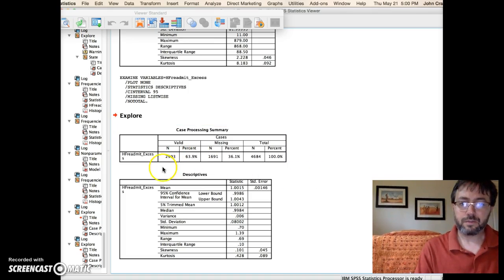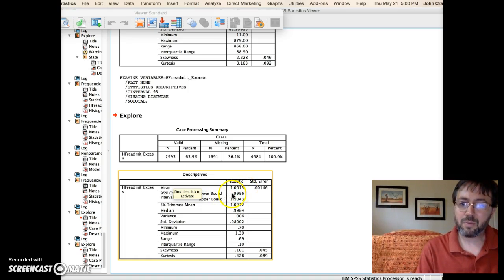So here we have the number of cases from our data set of 2,993 that have data on this ratio. The mean value is 1.00, as we saw before.